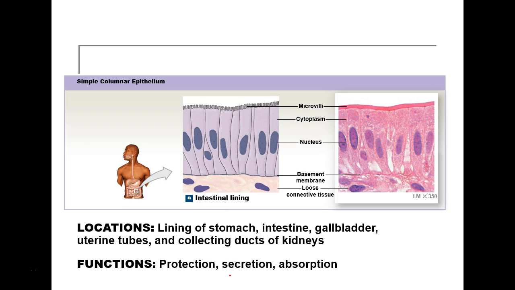They do have different purposes, but we see secretion and absorption having a large function in most of these areas, especially lining of the stomach and the intestines. Also, we have a little bit of protection happening here. Now, as you'll see, we have microvilli seen on top of these cells. So microvilli, again, secretion and absorption.